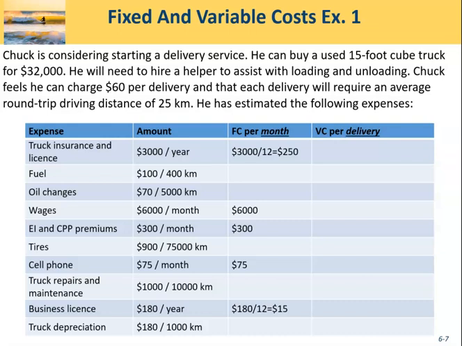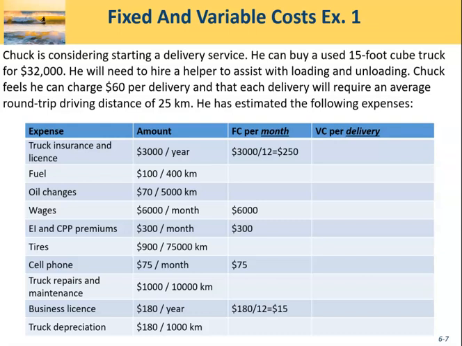So we want those individuals on the job, whether there's a delivery or not. That would be considered a fixed cost. And EI and CPP premiums are something that the company has to pay for all of their employees. They have to submit it to the government. So that's also a fixed cost related to wages and benefits, so to speak.